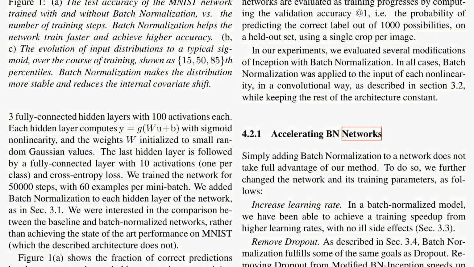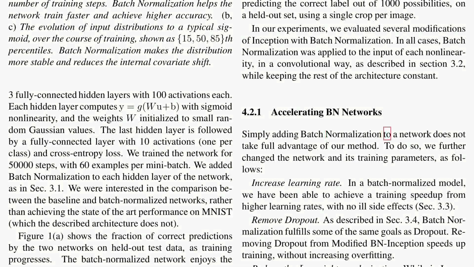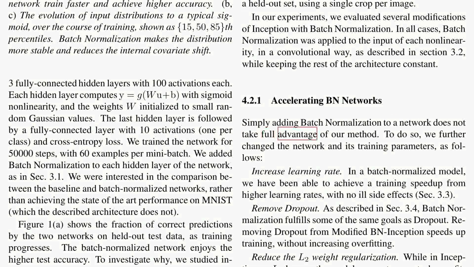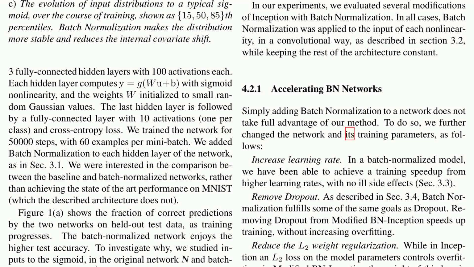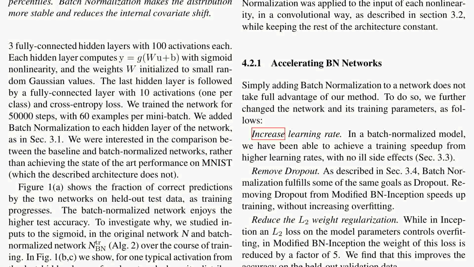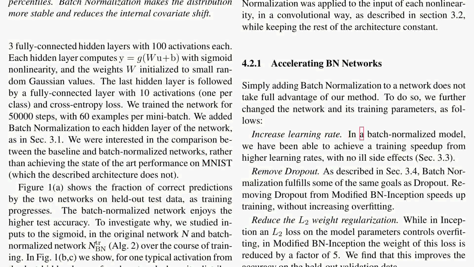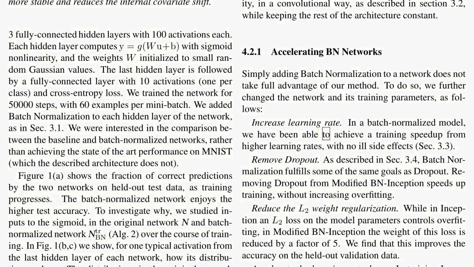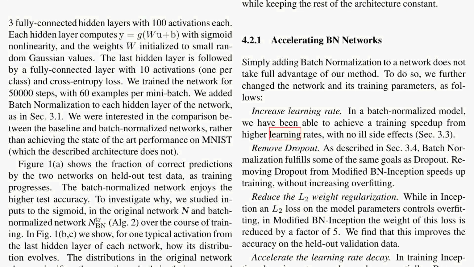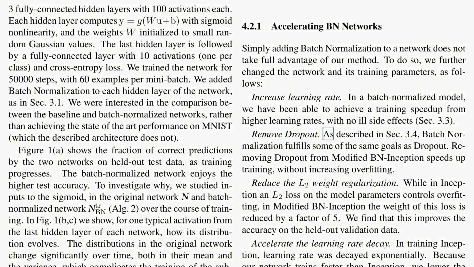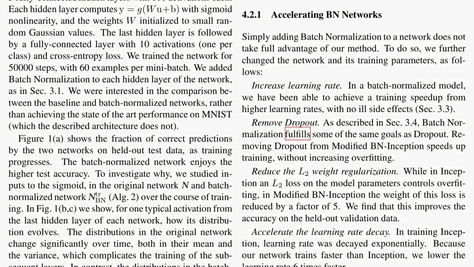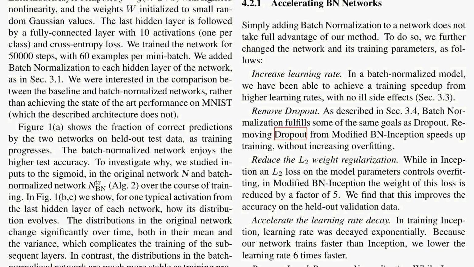Accelerating BN networks. Simply adding batch normalization to a network does not take full advantage of our method. To do so, we further changed the network and its training parameters as follows. Increase learning rate. In a batch normalized model, we have been able to achieve a training speedup from higher learning rates, with no ill side effects. Remove dropout. As described in Sec 3.4, batch normalization fulfills some of the same goals as dropout.